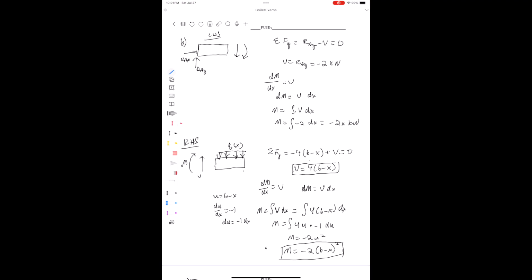But if I were to just do this integration straight up, if I were to separate it out, so 4 into 6 minus x dx, then I'd end up with 4 times 6x minus x squared over 2, which would not give me the correct equation.